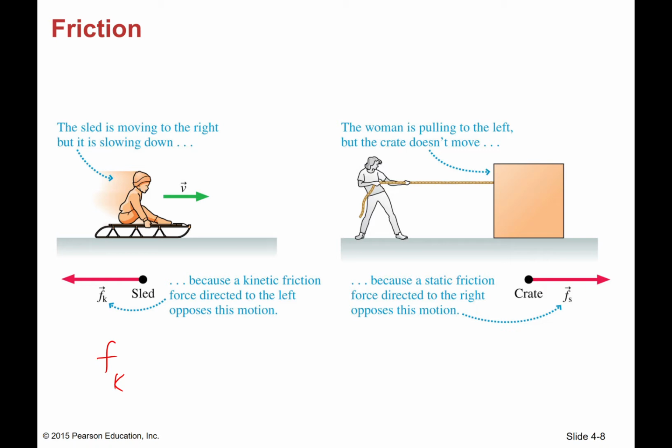And here we have a box. This box is not moving, but she's pulling, so there is a force acting on the box. There is a tension due to this rope and her pull, but the box is not moving. So there is a friction force acting on the box, and that friction force is called static friction because the box is not moving.